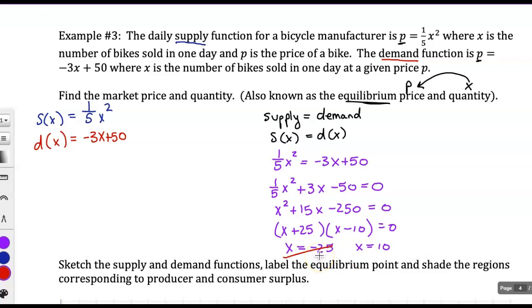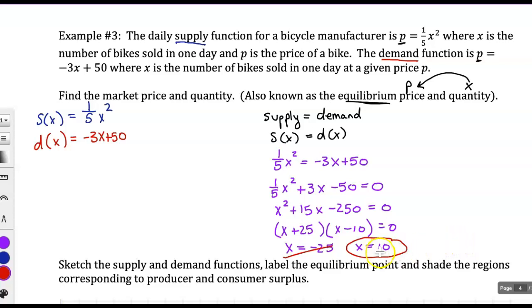So the market is going to be at equilibrium, suppliers willing to supply and buyers willing to buy are going to be equal, when the market quantity is 10 bikes. So buyers and sellers are going to be at equilibrium when X equals 10.